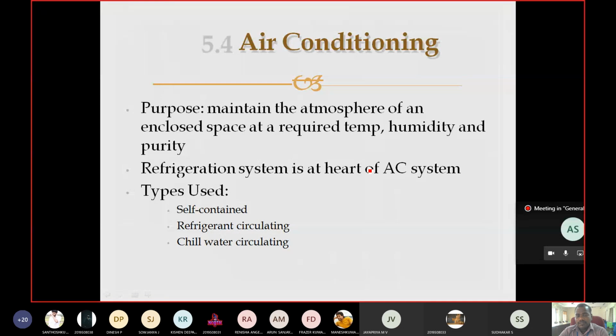There are three different types of AC systems available: a self-contained AC system, a refrigerant circulating AC system, and a chilled water circulating AC system.